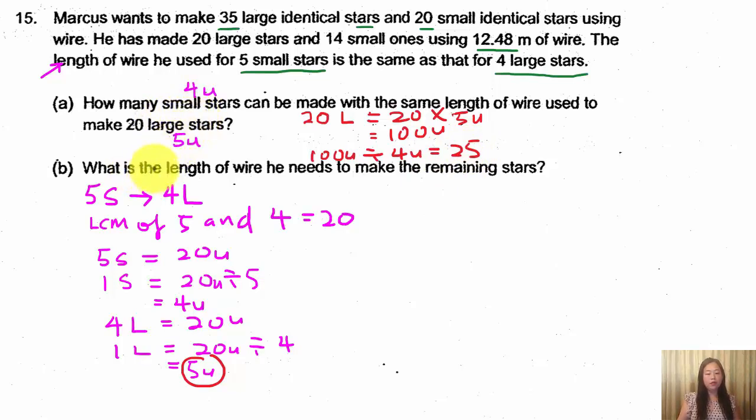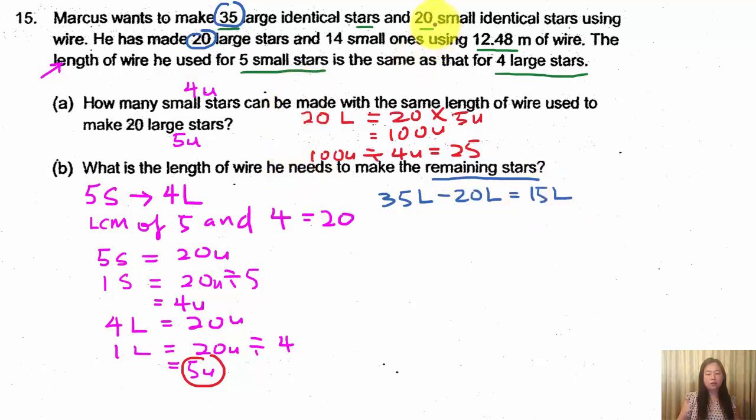Now we have to find out the length of wire used to make the remaining stars. Since Marcus wants to make 35 large stars and he has already made 20 large stars, so 35 large stars minus 20 large stars, it will be 15 large stars.